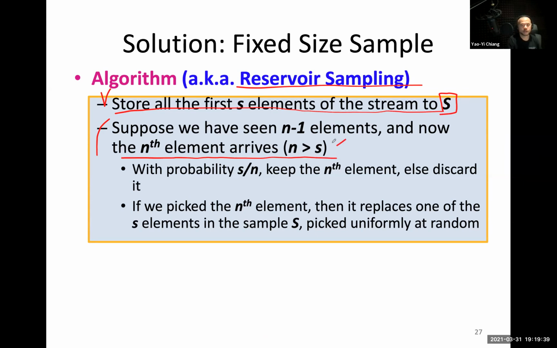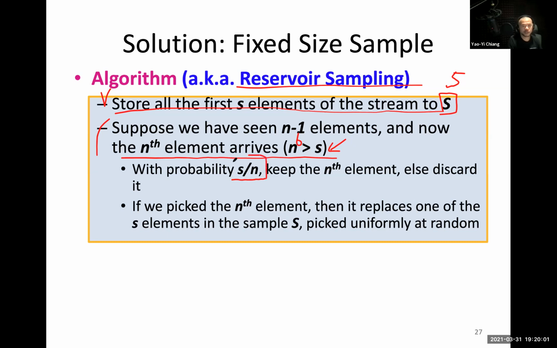Okay, n is larger than s. Say if s is 5, your n will be 6 when your number 6 element comes in. In this case, you are going to select this new element with the probability of s over n.